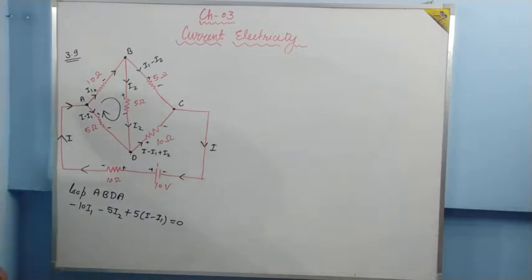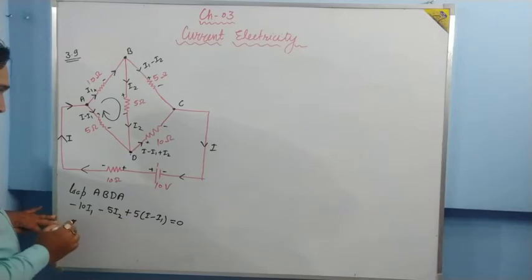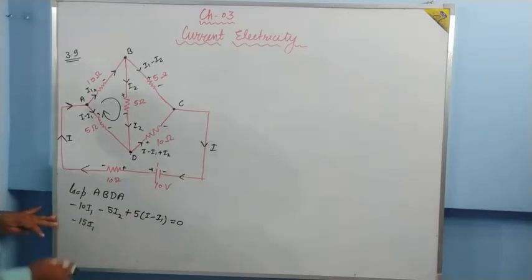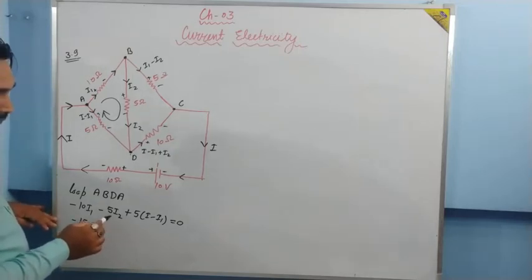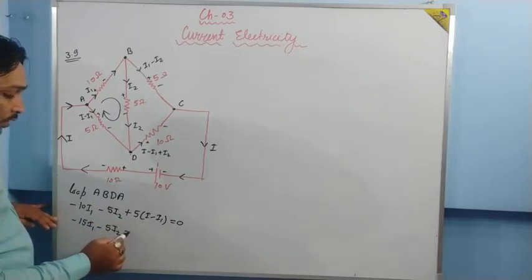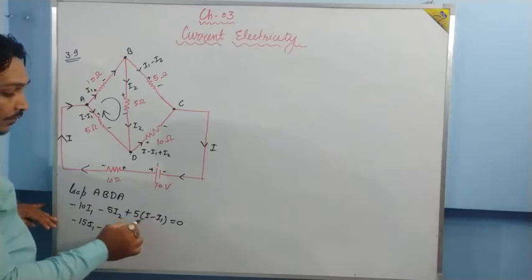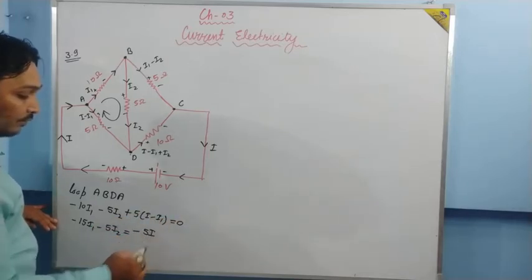Now just solve it for I1. Minus 10 I1 minus 5 I1, it will become minus 15 I1. Okay. Minus 5 I2, and no other I2 is there, so 5 I2 is equal to plus 5 I will be transferred that side, it will become minus 5I.